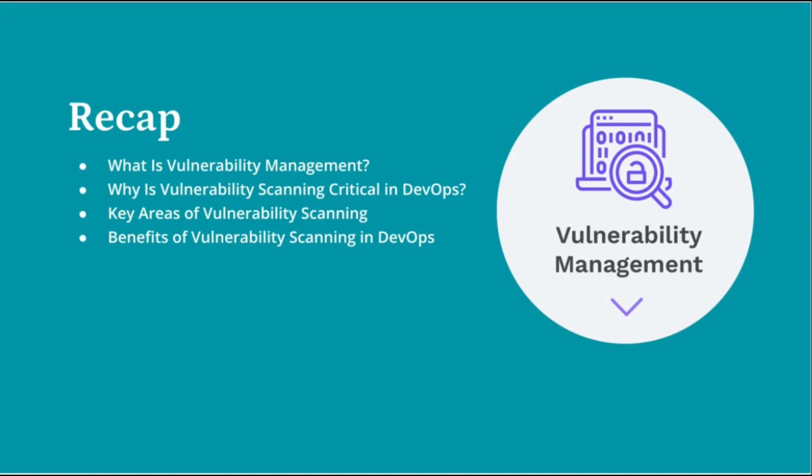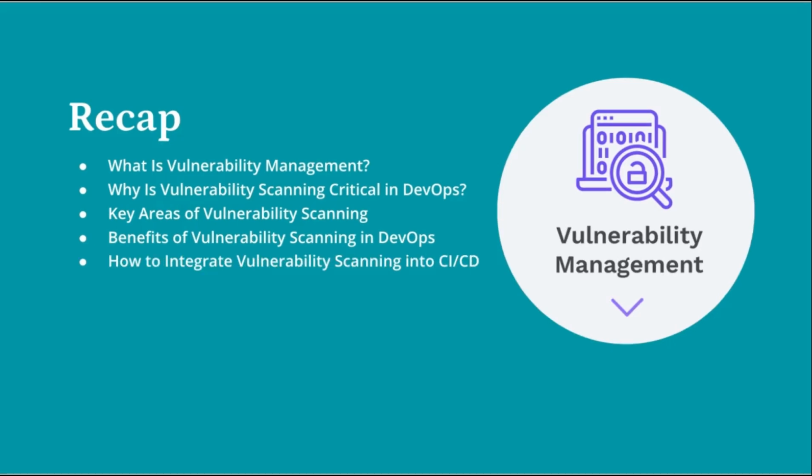Benefits of vulnerability scanning, and how integrating scanning into CI/CD pipelines ensures security is part of development, not an afterthought. Challenges and best practices to help reduce false positives, improve response times, and keep DevOps workflows efficient. By prioritizing vulnerability management, teams can build secure, high-performing applications while maintaining the speed and agility of DevOps.